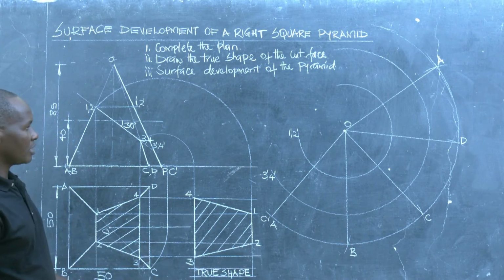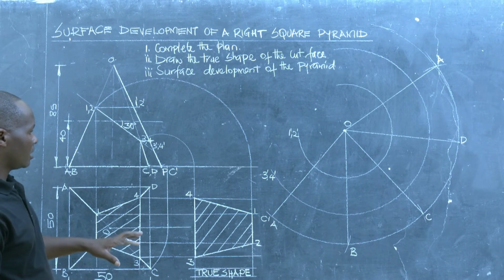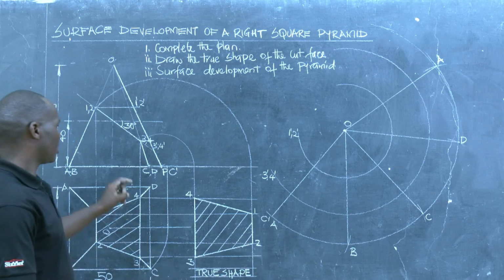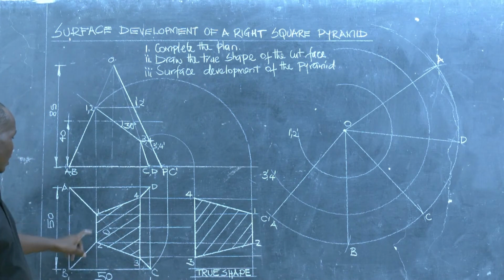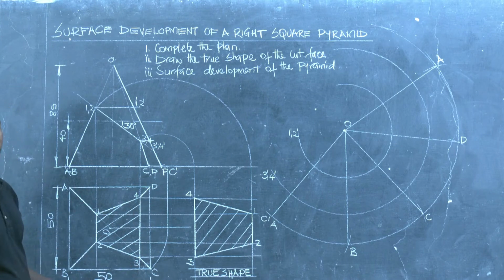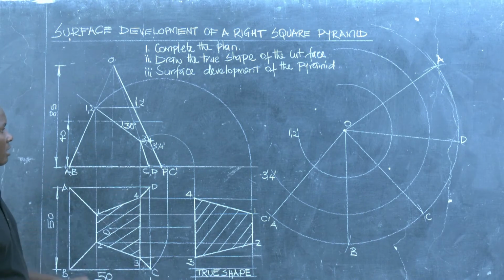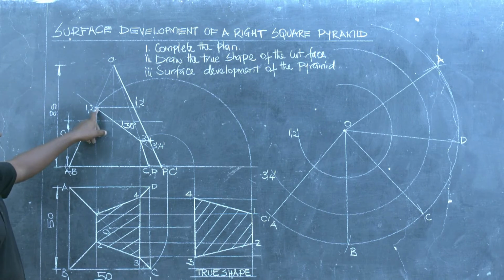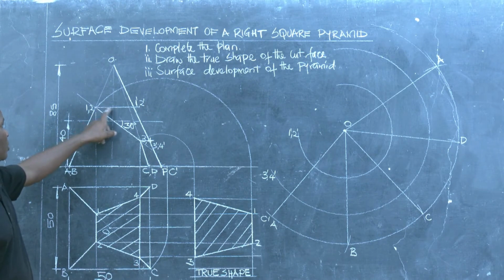Then what now remains is to identify, we've already identified points A, B, C, and D. Then we need to identify points 1, 2, 3, and 4 for us to be able to define the other sides of the truncated pyramid. And that is simple, we are able to follow up with our lines and identify the points. Point 1 will be given by an arc that came from point 1, 2.